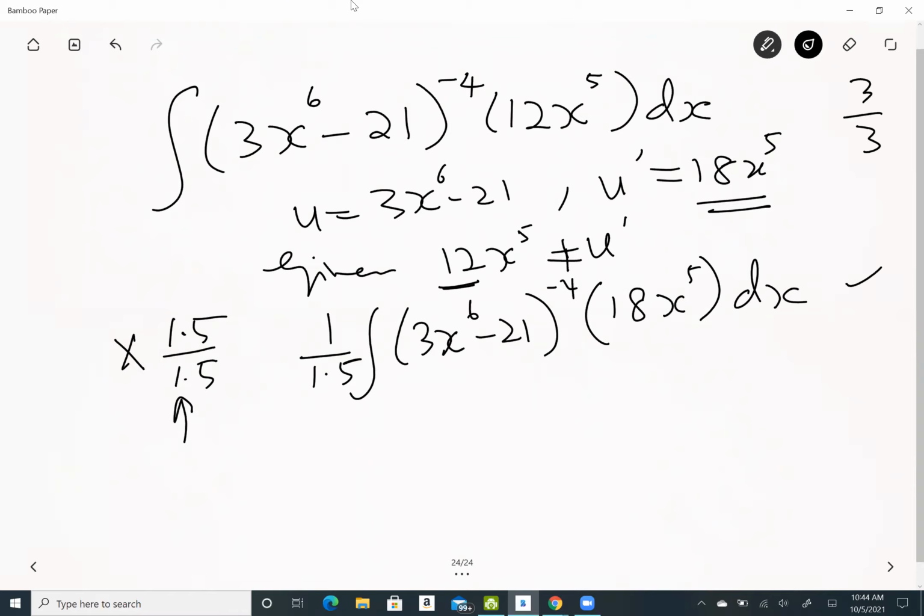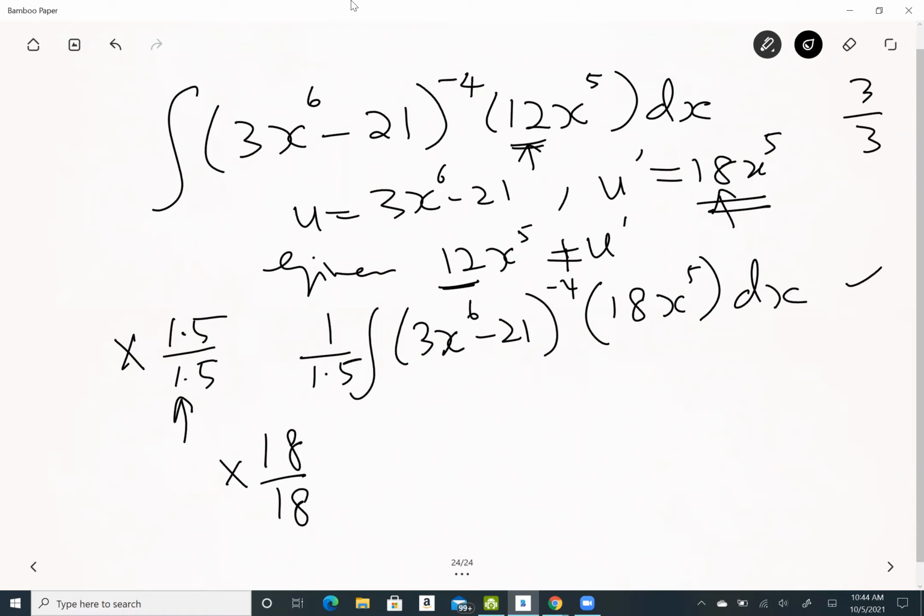I want 18. So you multiply by what? I multiply by 18/18, because what I need is 18. You are given 12, so you don't worry about that 12. You worry only about what you want. What we want is 18. So you multiply by 18/18.